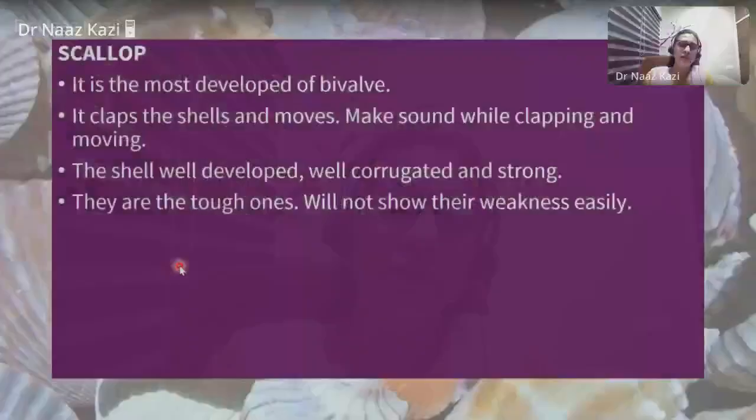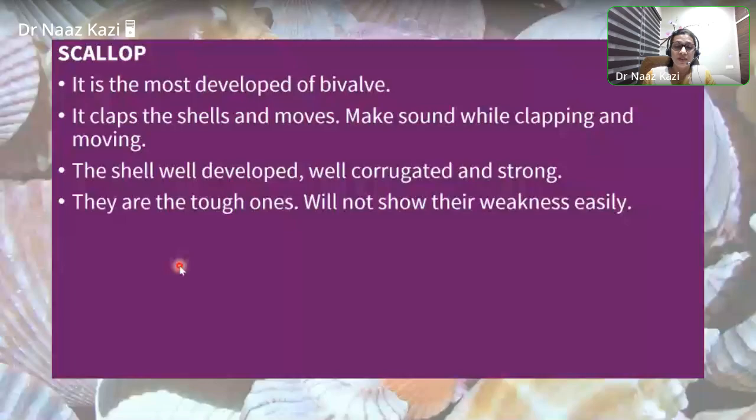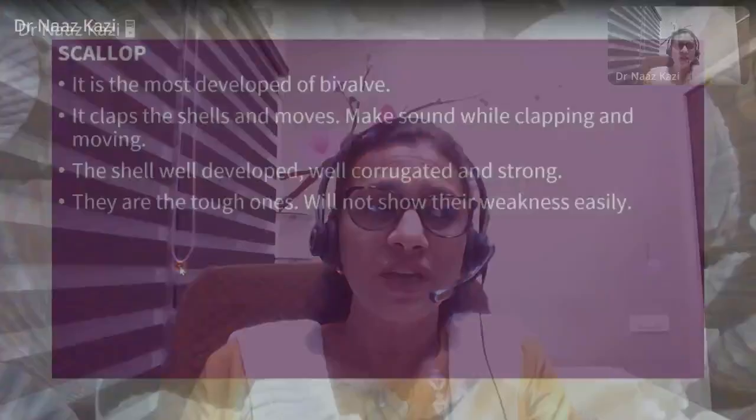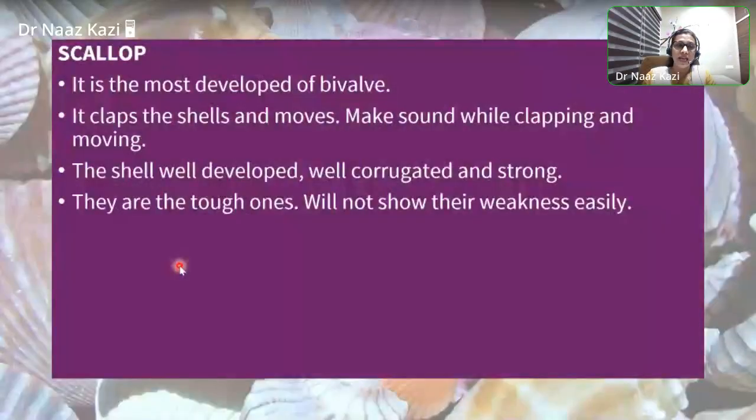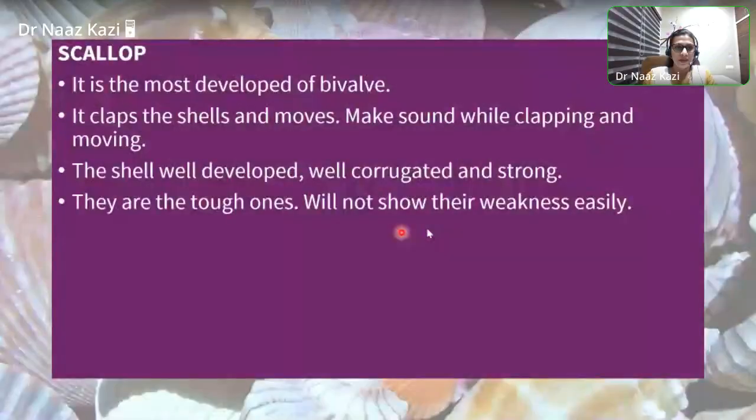They are very fearful, with fear of injections, because we know the fears of Calcaria, as we earlier thought this case to be even Calcaria. So the fears of Calcaria are the fears of mollusks as well, right? Fear of injections and all these. But here the scallop just becomes a tough one. It says, I do not fear this. I do not fear the injections. I don't fear anything. And they will try to not show their weakness easily.